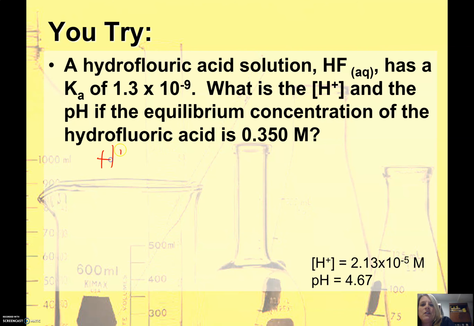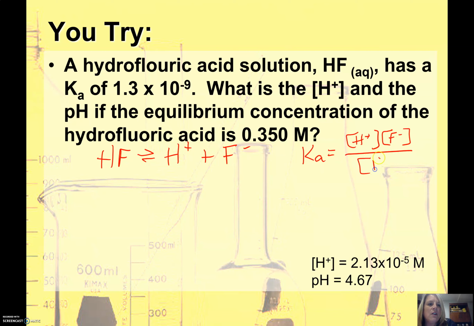So you should have written your reaction equation. So HF, double arrow, and then just break them apart. We get one H and one F. We write our Ka expression, brackets H times brackets F, all over our reactant, which is HF.